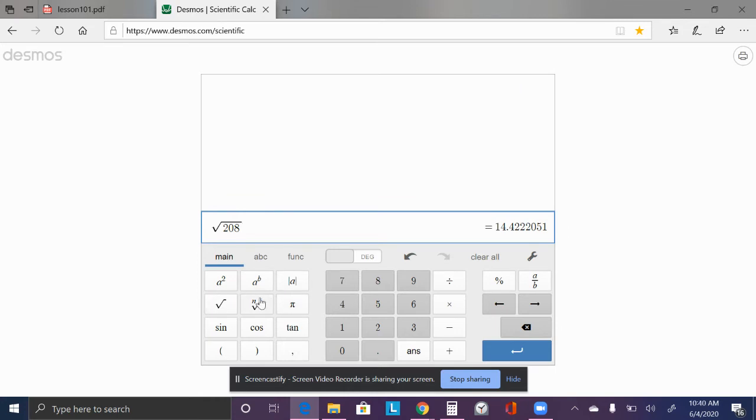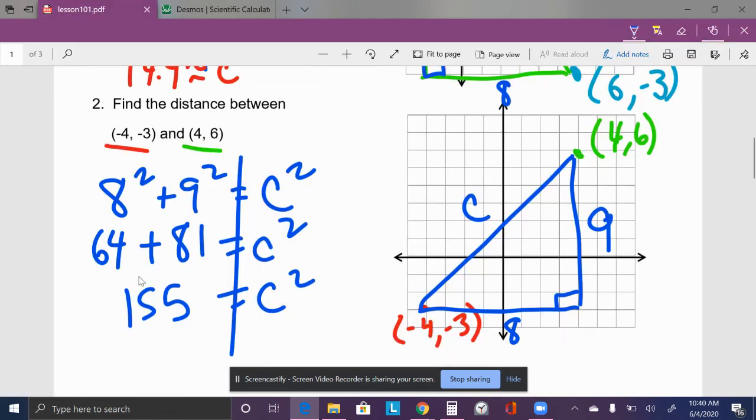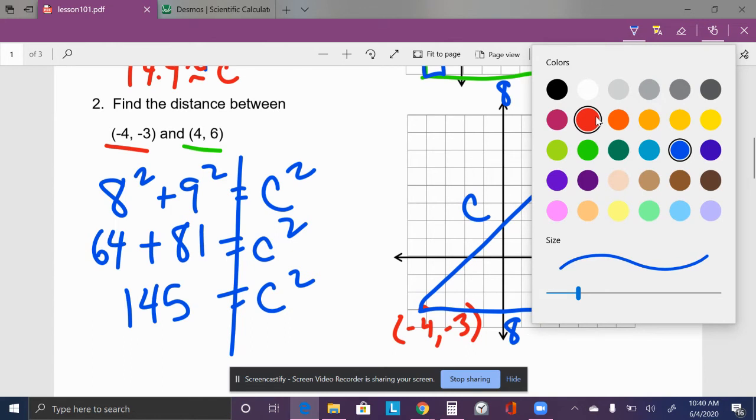Now I got to find the square root. Just one check that I got this right. 64 plus 81. Oh, 145. Good thing I double checked myself. 145. Now I find the square root of both sides.